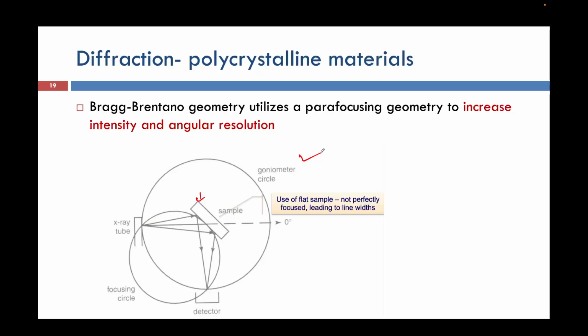Here we have used a flat sample, not perfectly focused, and this is the reason that we always get line broadening in our material. There are always two circles associated with X-ray diffraction. One is the goniometer circle, another is the circle corresponding to the X-ray tube, sample and detector. That circle is known as the focusing circle. We'll see all these things in our instrument section, right?